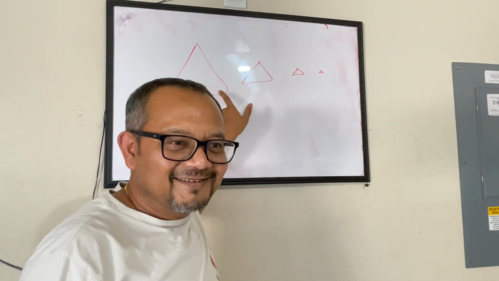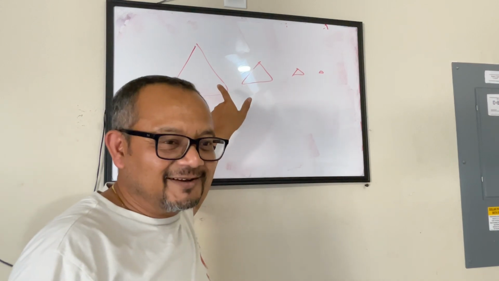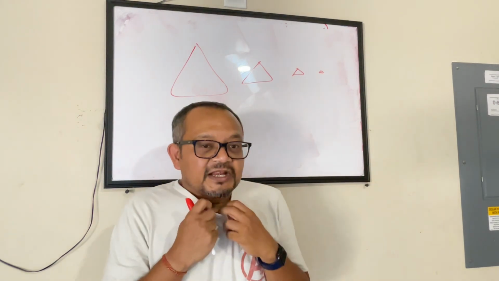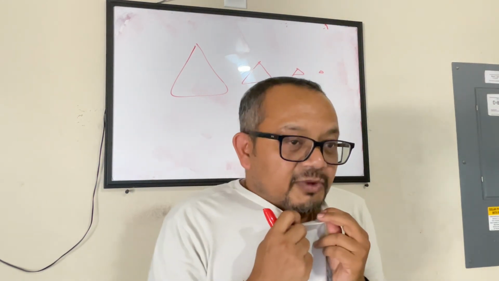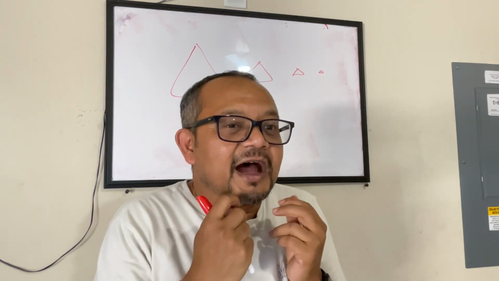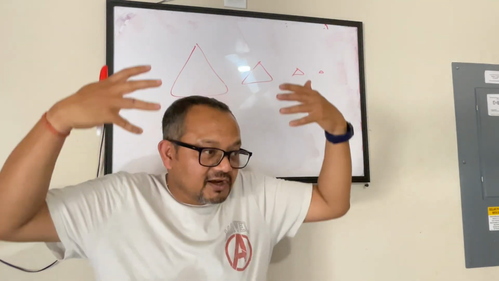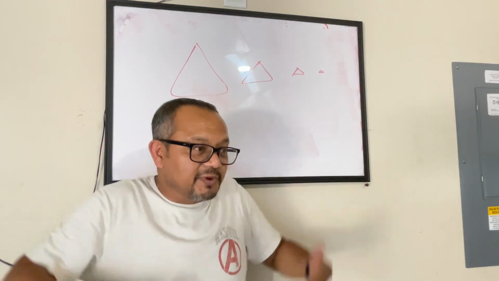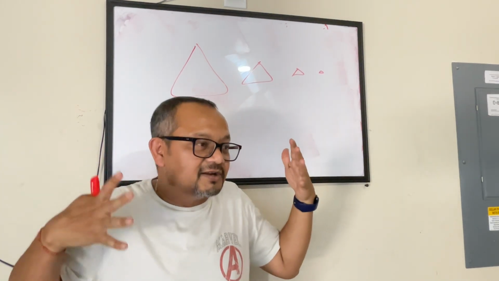Now, if I go to Walmart to buy clothes for me, will I go to the child section or the adult section? Adult section, right? Because I need things which are bigger in size. My body's size is bigger. It needs more space, it needs more clothes, right?